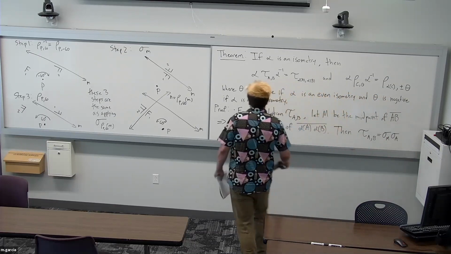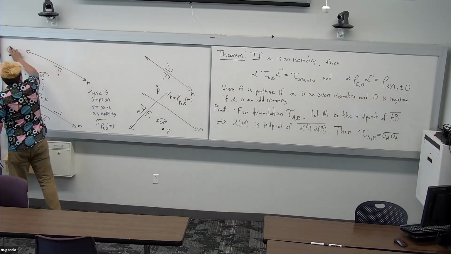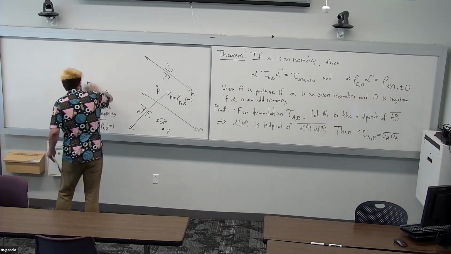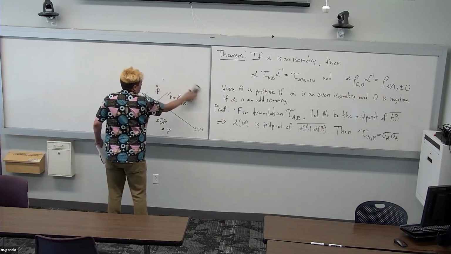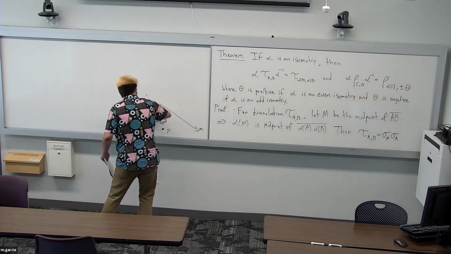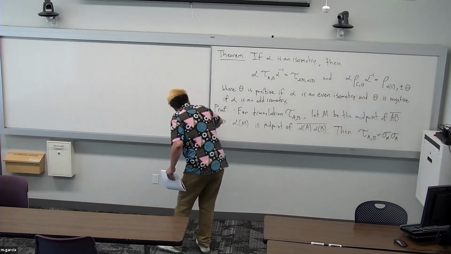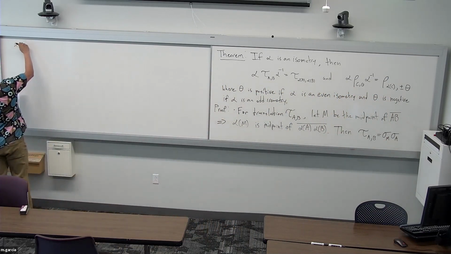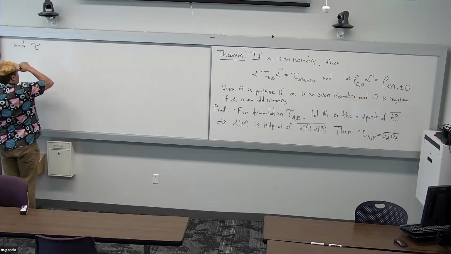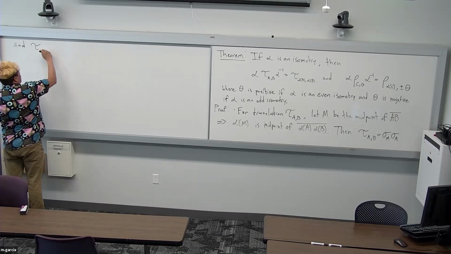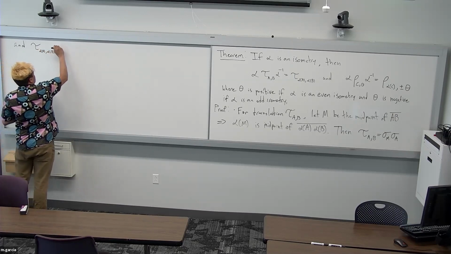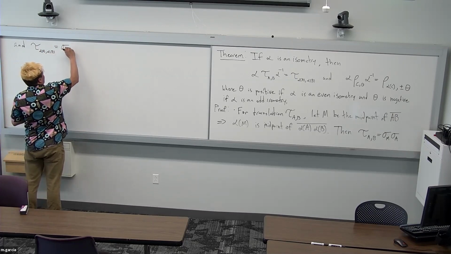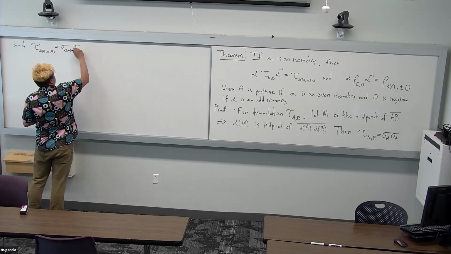And likewise, we have the same thing in the image of alpha: tau sub alpha A comma alpha B is equal to sigma sub alpha M, sigma sub alpha A.